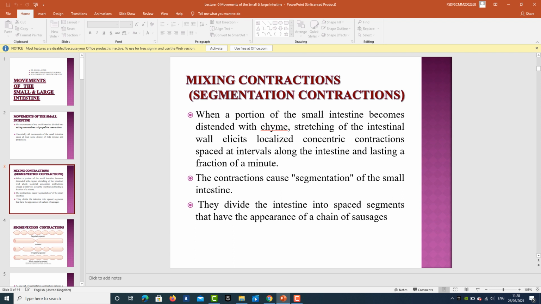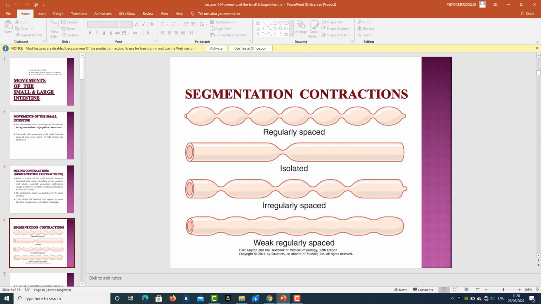The contractions take place at regular intervals along the entire length of the gut and cause segmentation of the small gut. They divide the intestine into spaced segments that have the appearance of a chain of sausages.